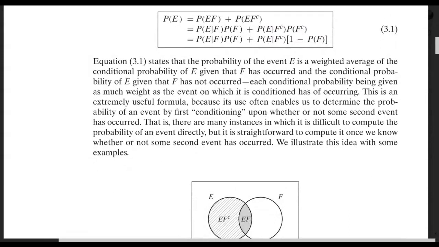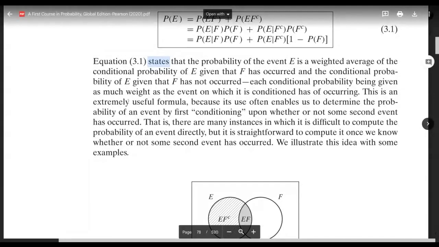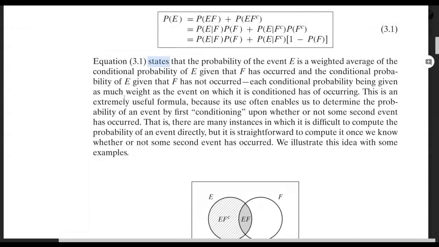So what does this equation tell us? It states that the probability of E is a weighted average of the conditional probability of E given that F has occurred and the conditional probability of E given that F has not occurred. Each conditional probability is given as much weight as the event on which it is conditioned has of occurring.